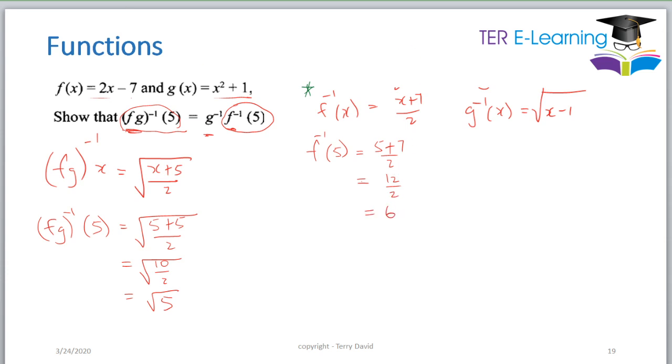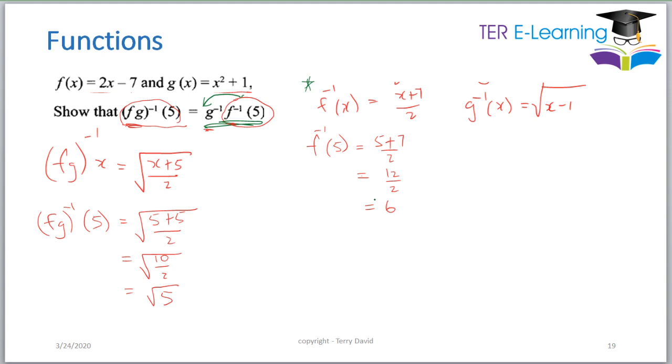Now, because this whole thing is a composite function, the answer you got, which is 6, you need to substitute into g inverse. So I need to plug that into this. So g inverse of 6 is equal to the square root of 6 minus 1, which is equal to square root of 5.